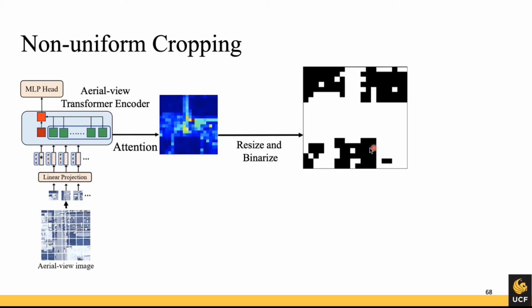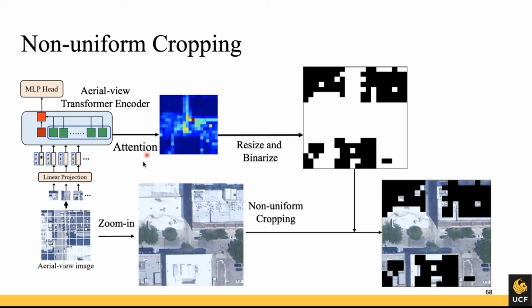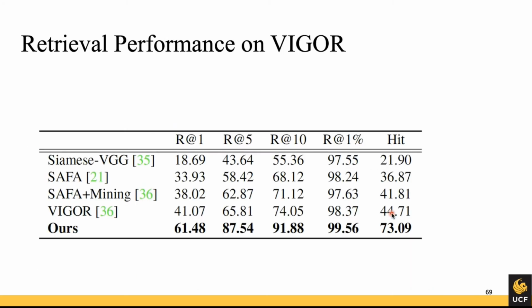From the attention map of the stage 1 transformer encoder of the aerial view, we can set a threshold and generate a binary mask. Then we use the original high resolution aerial image, select the corresponding high resolution patches, and feed them into the second stage of feature encoding and matching.